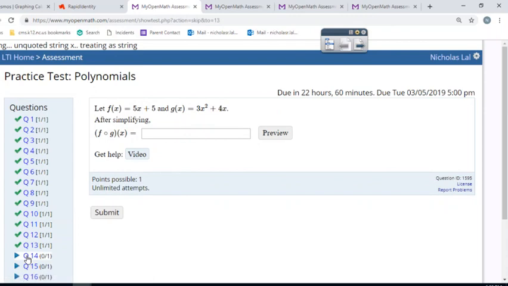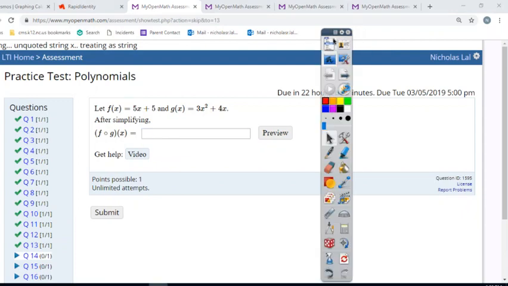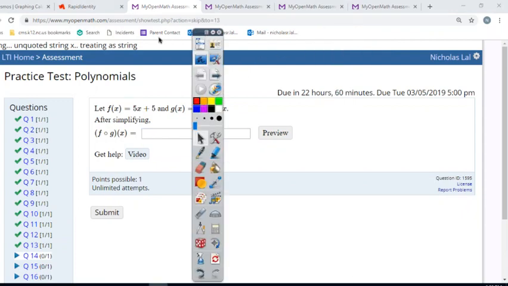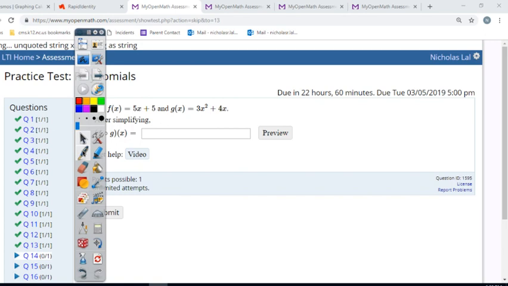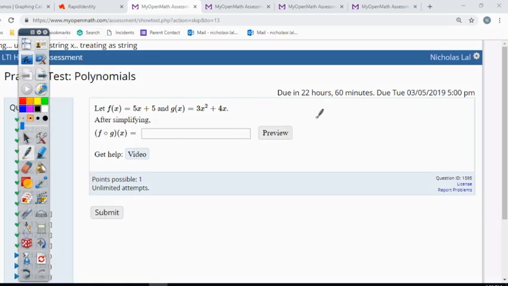Question 14. We need to find f of g of x. All right. So we plug g of x into f of x. So this means this function goes inside that function.